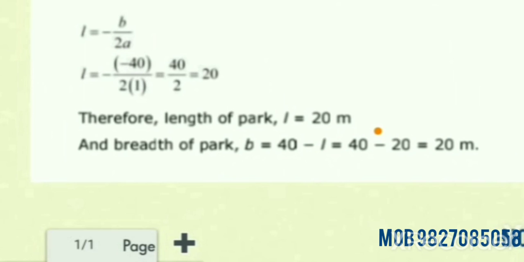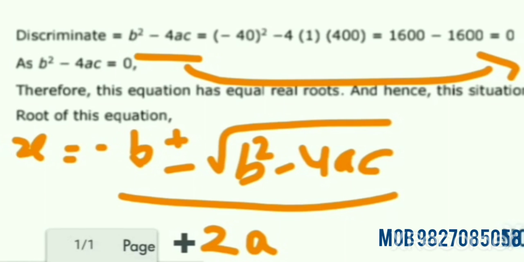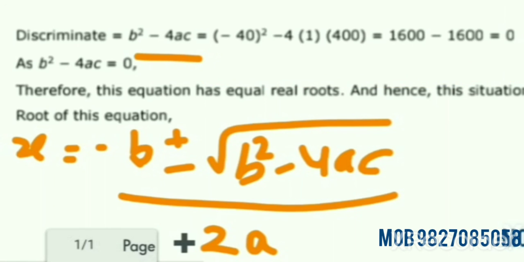Here we got the value of B square minus 4AC is equal to 0. So there are equal roots we have to find.